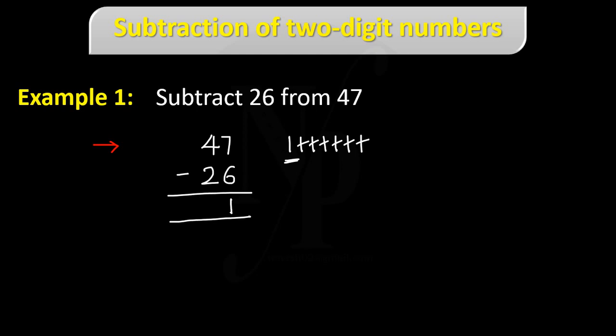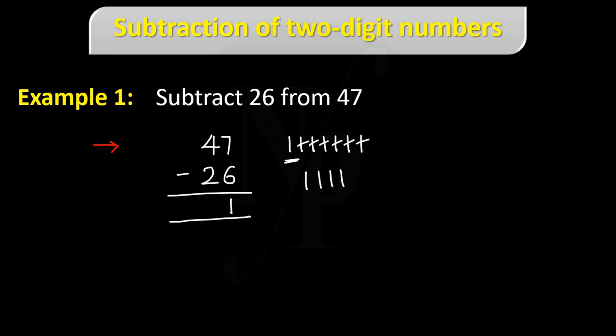And now we have to subtract the digits in tens place. That is subtracting 2 from 4. For that what I do, I will draw 4 standing lines. 1, 2, 3, 4.